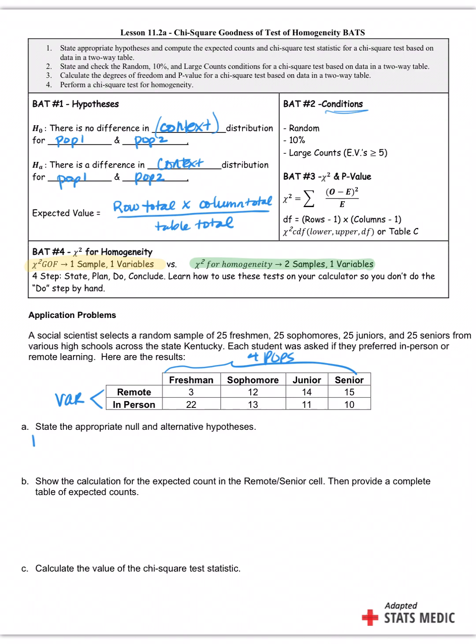So let's just practice for a second. What would my null hypothesis say? Good. There is no difference in what? Good.